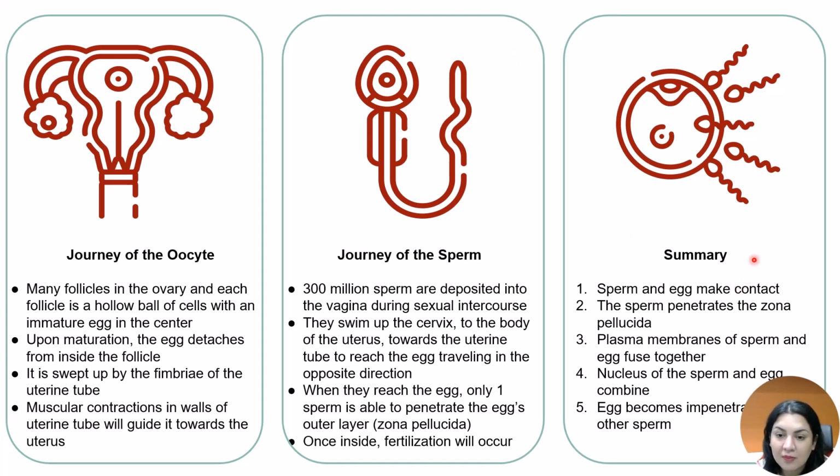So to really summarize it then, when the sperm and the egg meet, a reaction starts to occur that behaves as, if you imagine, a key trying to open a door. The key is the sperm, the door is the membrane that surrounds the egg, known as the zona pellucida.